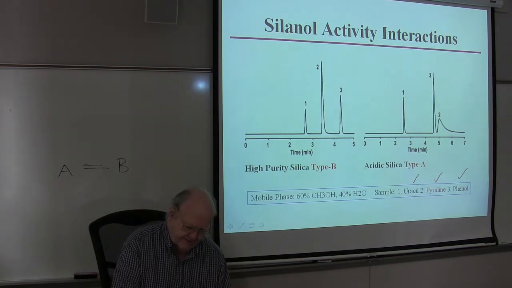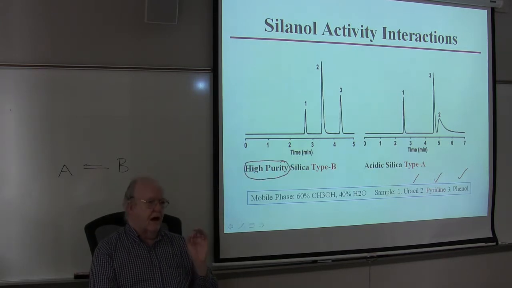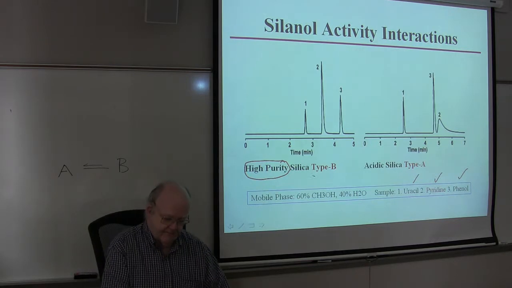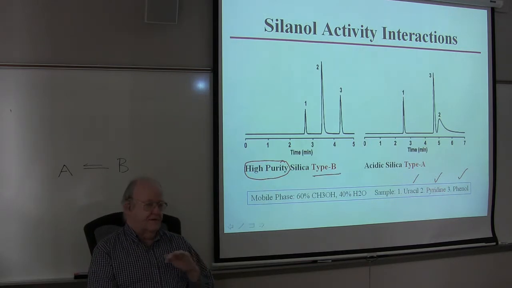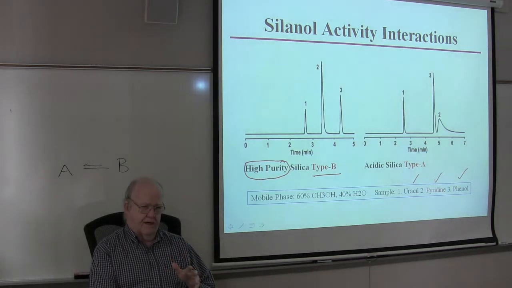Now on this stationary phase over here that was made with what we call a high purity silica, a type B silica, which didn't exist at the beginning of HPLC, you get a beautiful chromatogram.